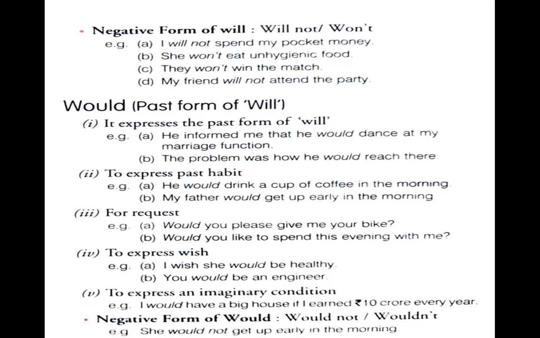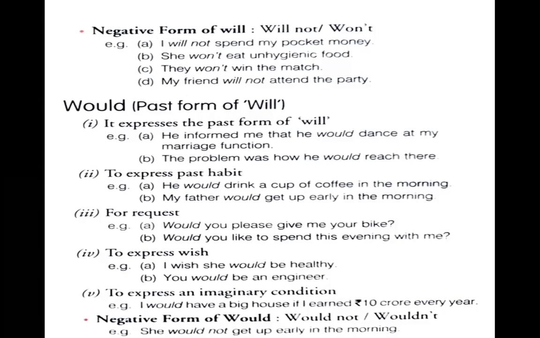Now the next use of would is to express past habit. When it comes to talking about past habit, the second form of the verb is used, or used to, as the semi-modal we read today. Now would is also used to express past habit. He would drink a cup of coffee in the morning.